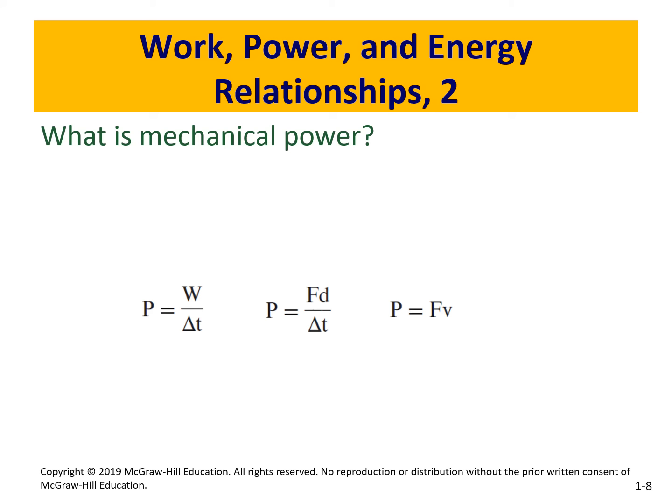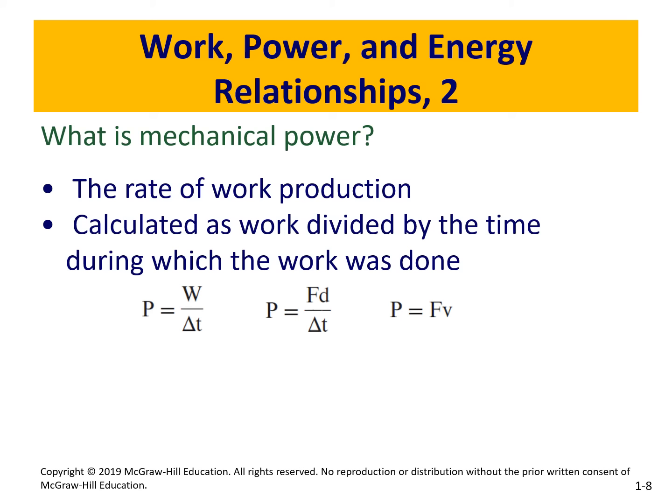What is mechanical power? So it is the rate of change of work with respect to time. Now, the rate of work production with respect to time is calculated as the work divided by the time during which the work was done, and that's the formula. So P equals W divided by delta T. W is force multiplied by distance.